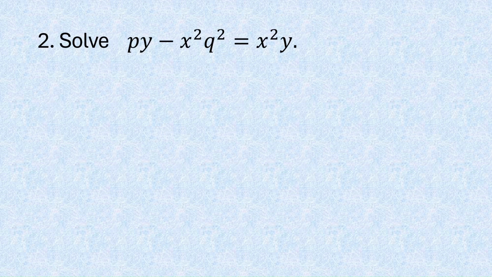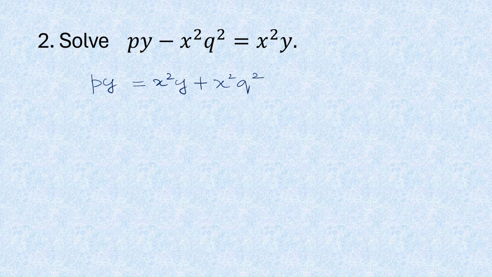So we can move on to one more question, that is py minus x square q square is equal to x square y. Again if we see here, we are having p, q, x and y, which we are able to separate with p and x on one side and q and y on the other side. So while doing that, we can write the given equation as py is equal to x square y, and we can take this x square q square to the right side as plus x square q square.